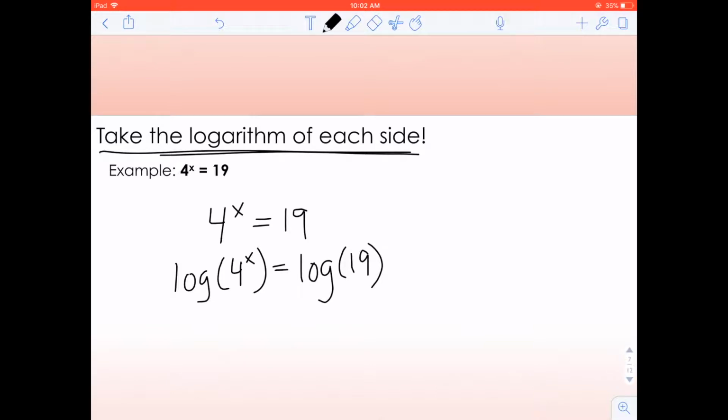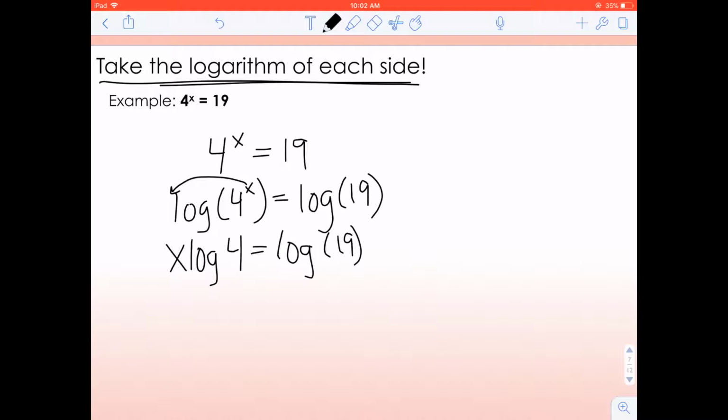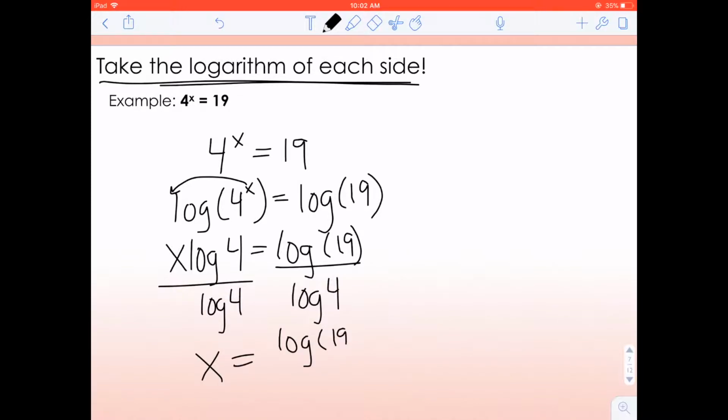Okay, now we just need to use our rules to simplify. I know that this x will come out in front, so x times log of 4 equals log of 19. Divide both sides by log of 4. So x is going to equal log of 19 over log of 4.